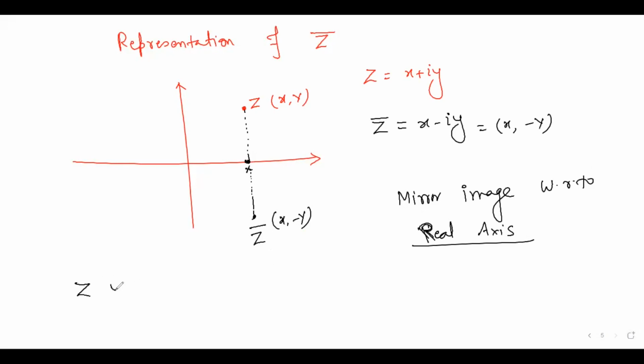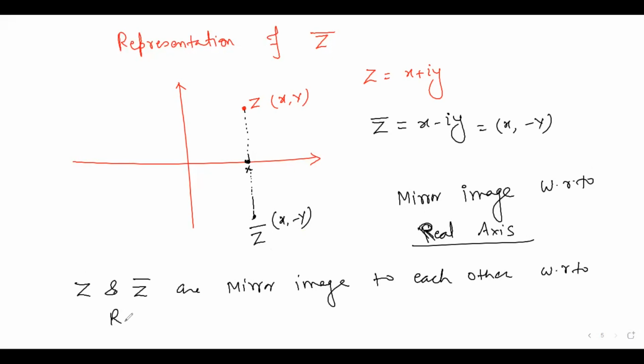So we can write here that z and z conjugate are mirror images of each other with respect to the real axis. And at the end, this is the Argand plane, not a Cartesian plane. In this short video, I have mainly focused on what a complex number is, its representation, and the conjugate of a complex number.